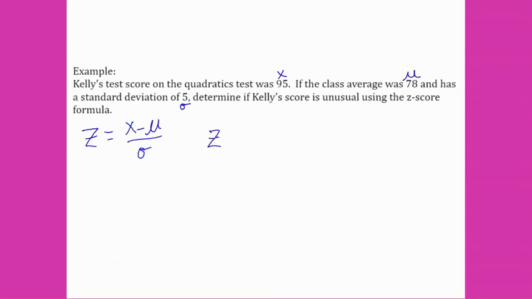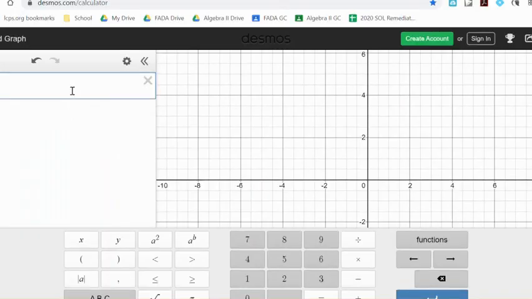So z equals 95 minus 78 over 5. So we'll put that in Desmos. We get that our z-score is 3.4.